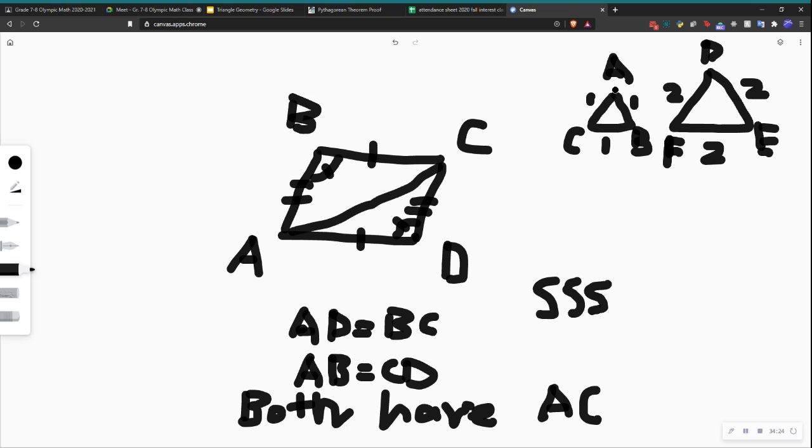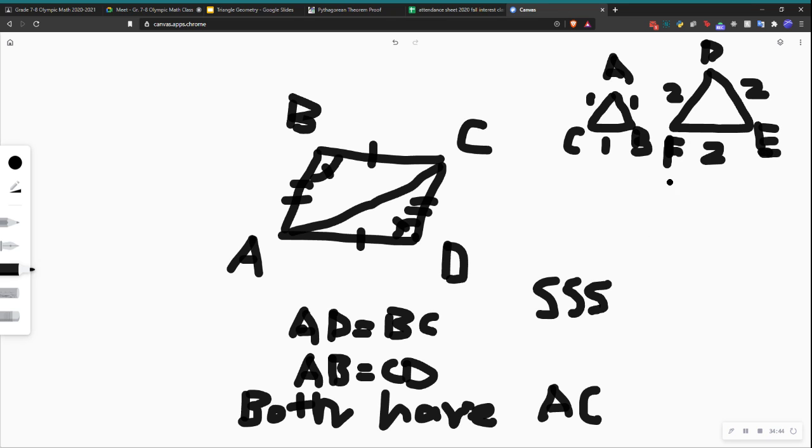And so that means AC would correspond to DF. Well, even though it doesn't really matter which one corresponds to which. But in this case, let's just use the current orientation of the triangles. So AC would match with DF, BC would match with EF, and AB right here would match with DE.